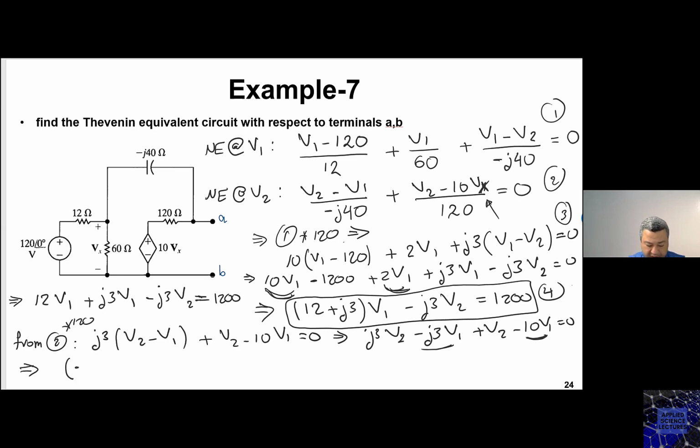I get (minus 10 minus J3) V1 plus (1 plus J3) V2 equals 0, right?